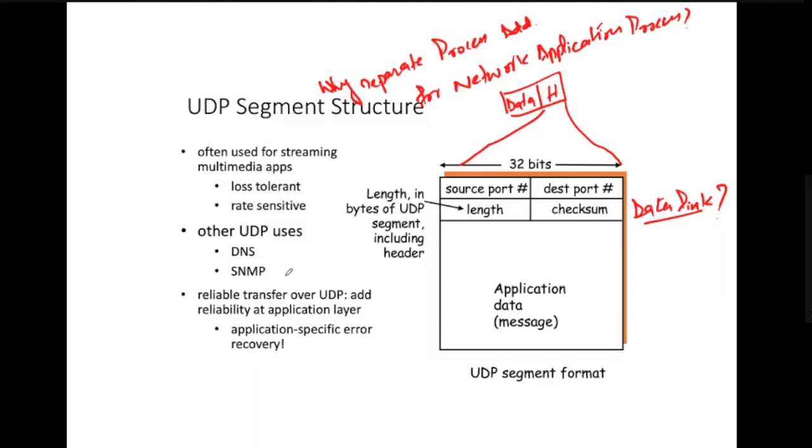By the way, for the source port number, we have 16 bits. This means we can have a total of 65,535 port numbers. Out of these, the port numbers from 1 to 1023 are standardized, right?